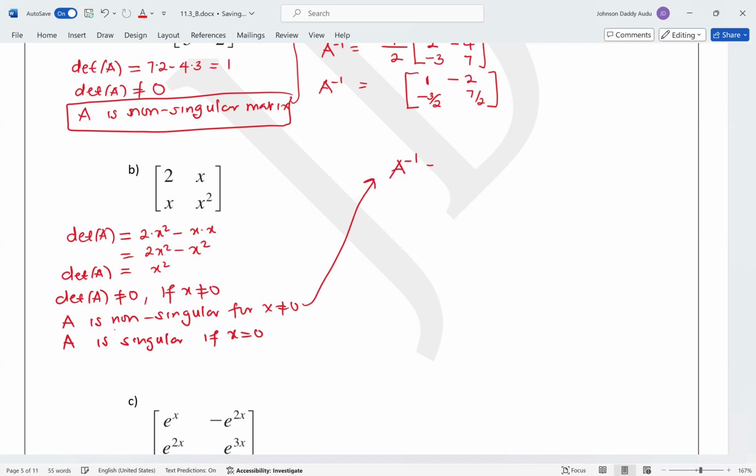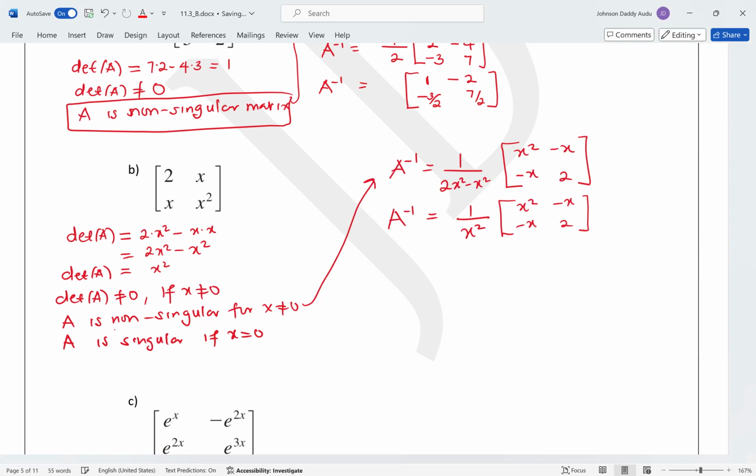All right. But now, based on this, we can find the inverse. A inverse is going to be 1 over 2x squared minus x squared, then here will be x squared, minus x, and here is going to be 2, right? So A inverse is just going to be 1 over x squared times the matrix.